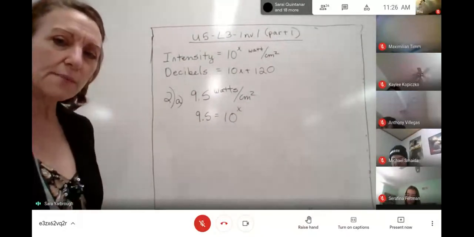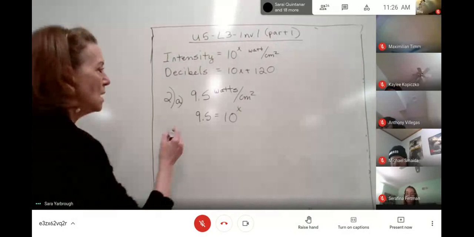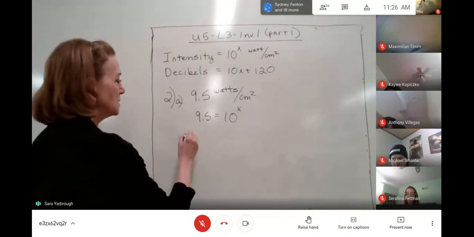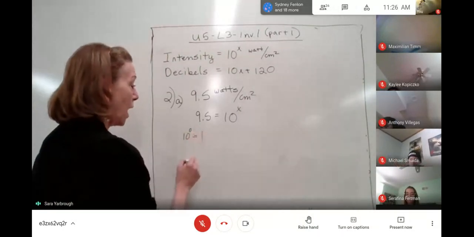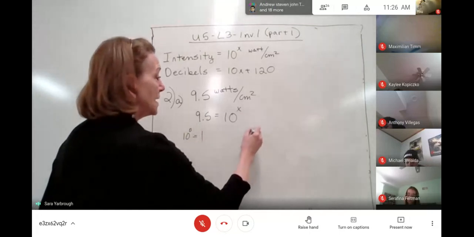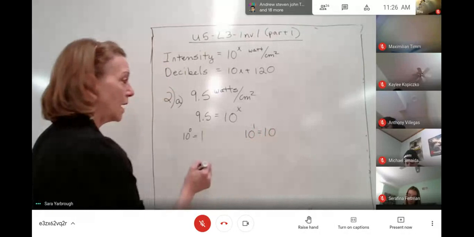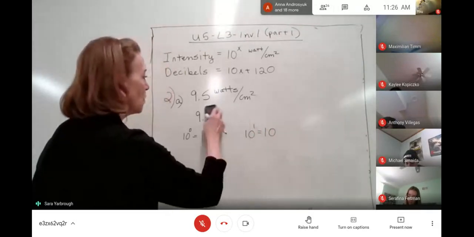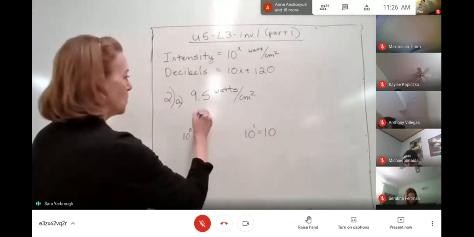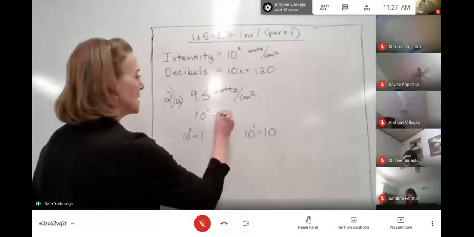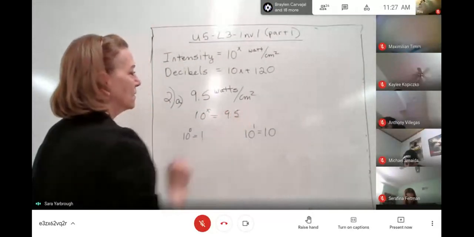So let's use that same strategy we were just using. You know that 10 to the 0 equals 1, and you know that 10 to the first equals 10. Okay, so let me write this the other way so that it's all in the same order. I'll say 10 to the x equals 9.5.